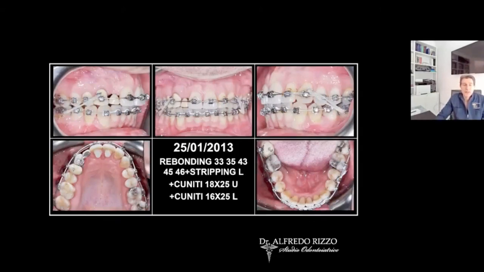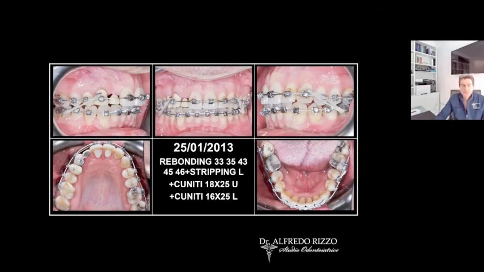In November, we go to January. I keep 16/25 copper NiTi in the lower because I haven't achieved the desired expansion and alignment in the lower jaw as yet, whereas in the maxilla we have switched to copper NiTi 18/25.